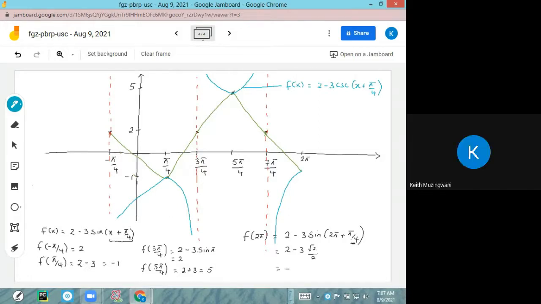It's not that okay. So place it where it is, as 2 minus 3 root 2 over 2. So all the points must be clearly known.